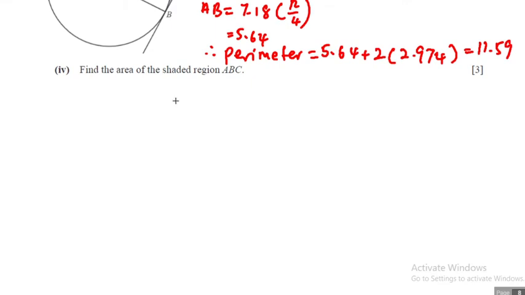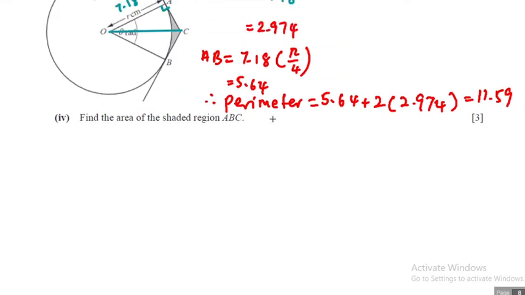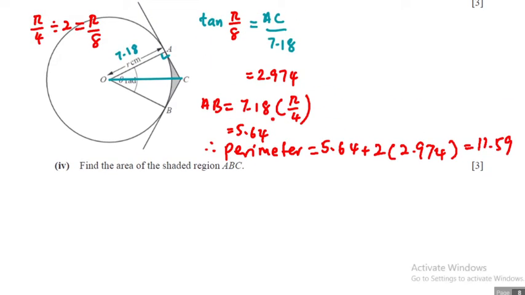Okay, so move on. Find the area of the shaded region ABC. Actually, this is a similar question to the previous one. We find the total area first, right? In this case, you have the base and the height, so we can just use the normal triangle formula, half times base times height, and then times 2.